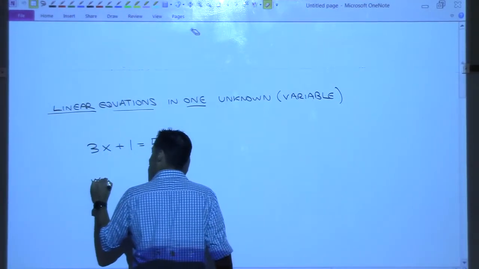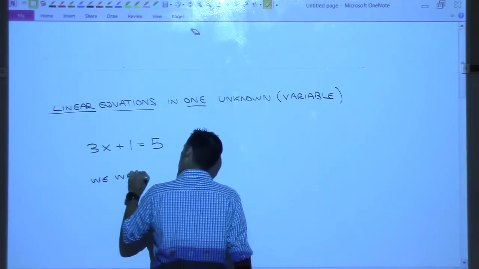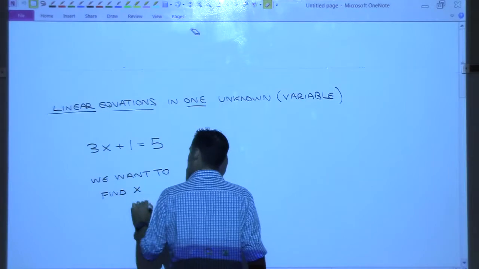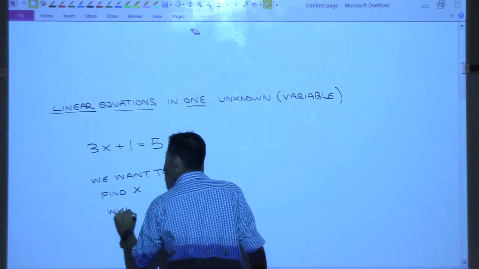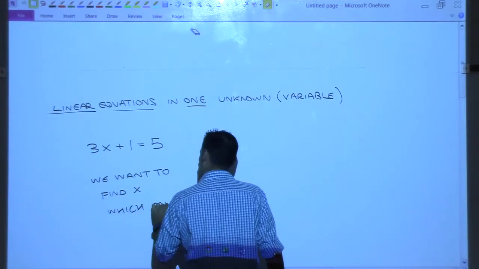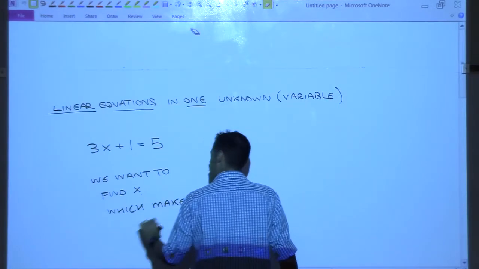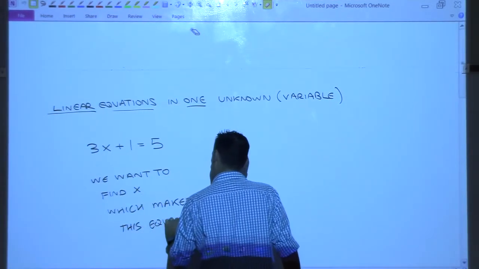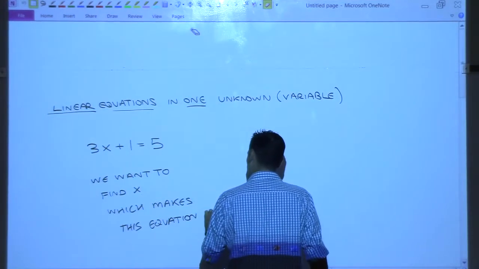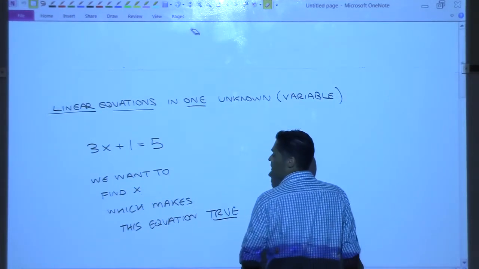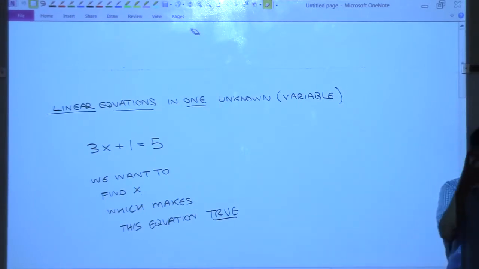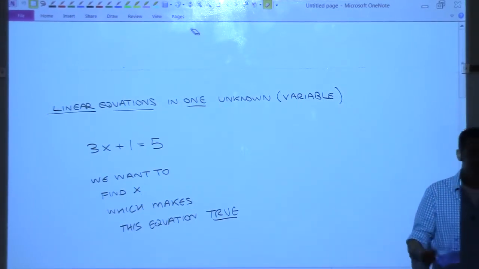So we have a linear equation in one unknown, and what we want to do is try and figure out, right? We want to find x which makes this equation true. So for example, if I were to say x is 2 here, replace x with 2.